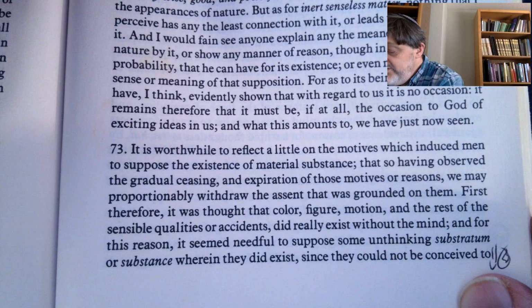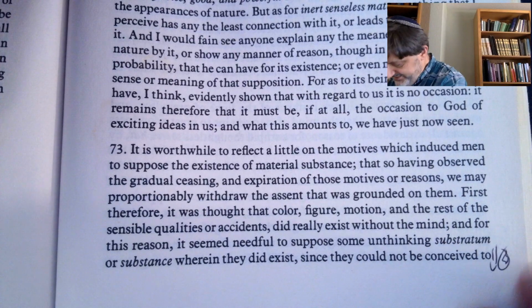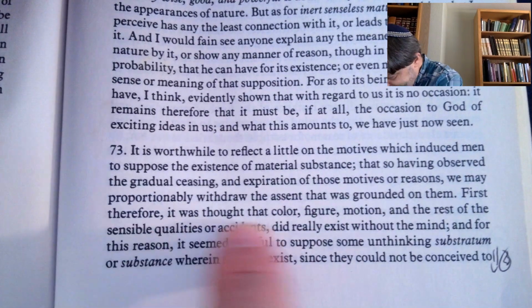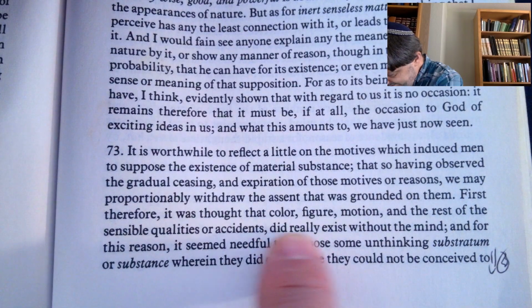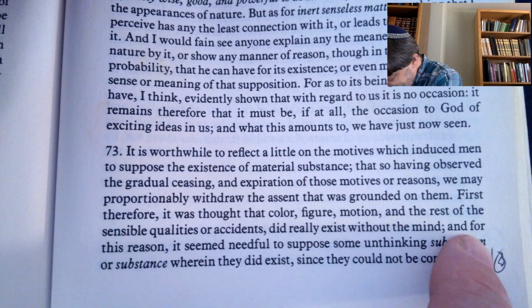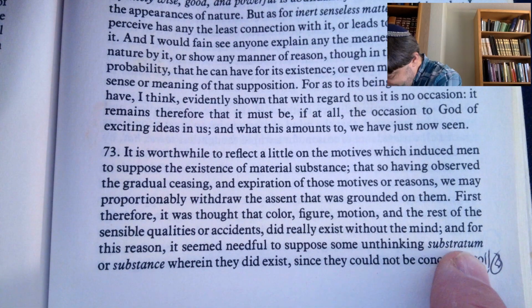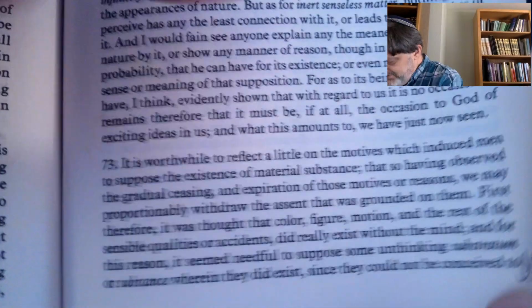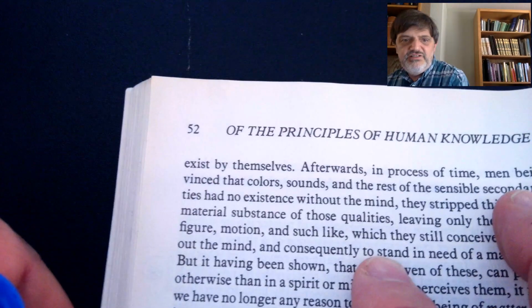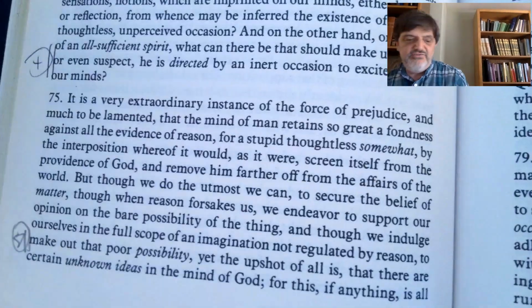He's talking about the origin of the view he opposes, namely that there are material substances, and he says this is how it started out. First, therefore, it was thought that color, figure, motion, and the rest of the sensible qualities or accidents did really exist without the mind. And for this reason it seemed needful to suppose some unthinking substratum or substance wherein they did exist, since they could not be conceived to exist by themselves. And that was part 1, section 73.